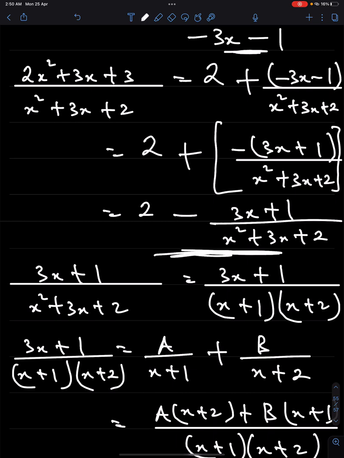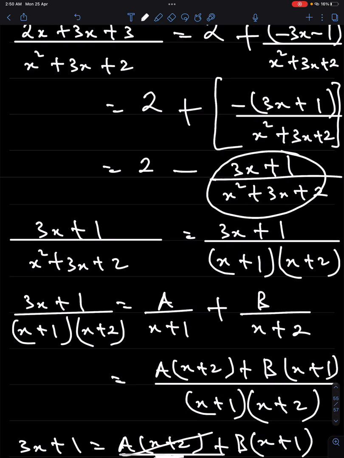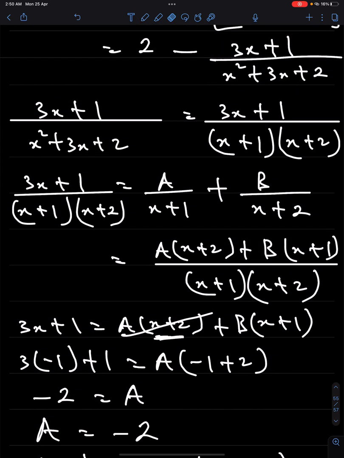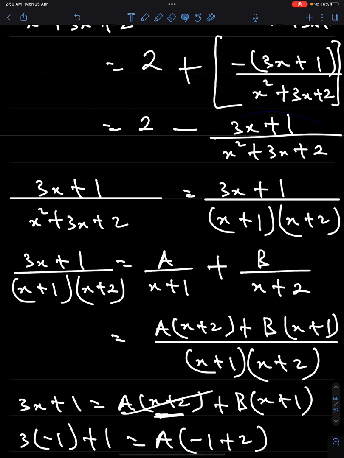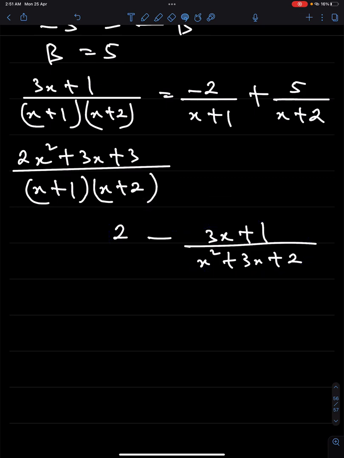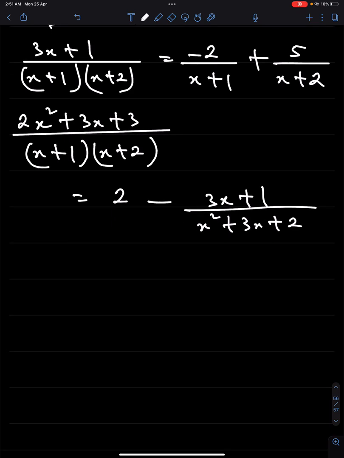So this is what I'm going to do. The original equation is the same as this, I split it into this, and of course that's the same as this.